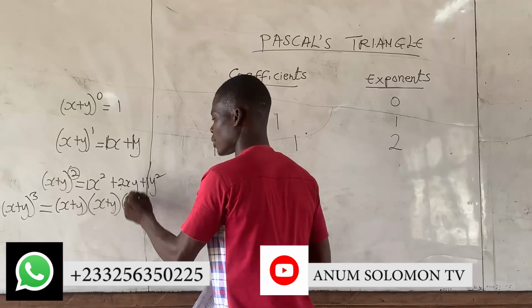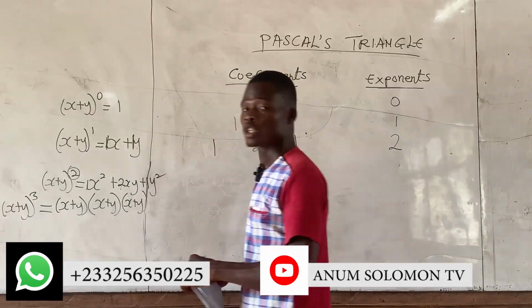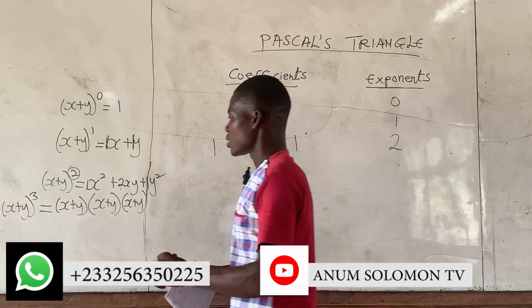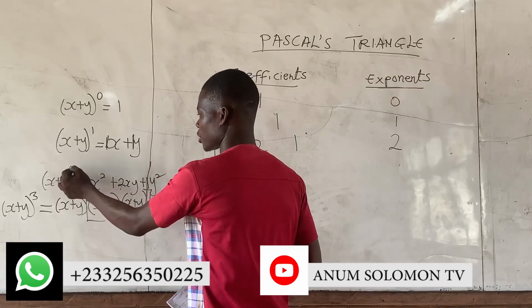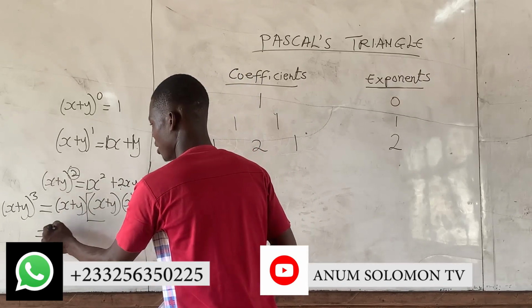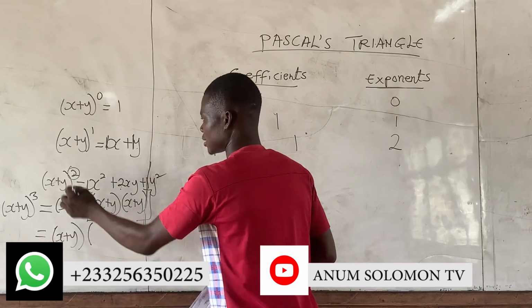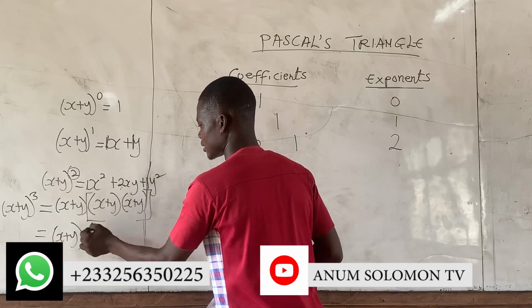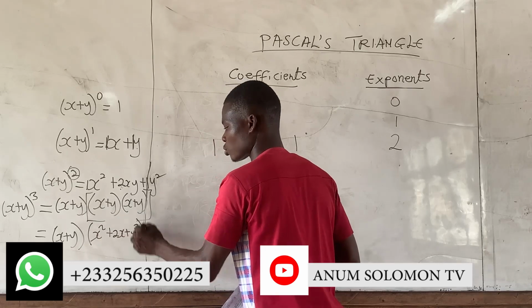The bracket is multiplying itself 3 times. You know that when you take two of these brackets, it's power 2, so the result of these two brackets is x squared plus 2xy plus y squared.